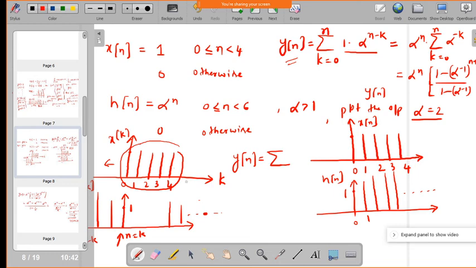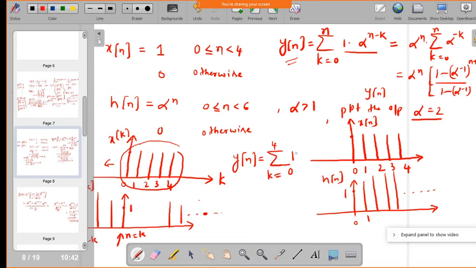When n is greater than or equal to 4, the summation exists only between 0 to 4, because the overlapping region is only 0 to 4. So you will get k equal to 0 to 4, and you will get x of k into h of n minus k.